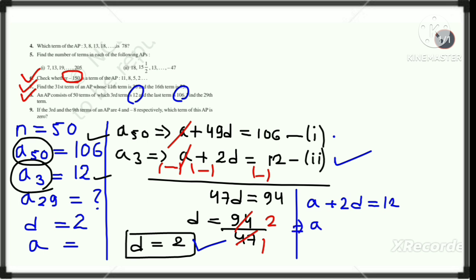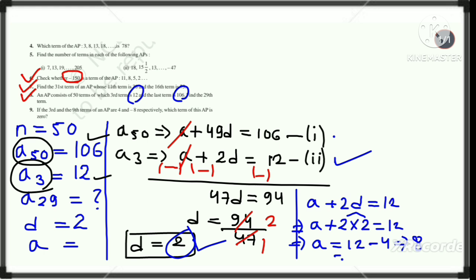Now a plus 2 into d, we have just obtained 2, equal to 12, and finally we obtain a plus 4 equal to 12, and this 4 goes to RHS and becomes minus 4, and after subtracting we obtain the value of a is 8.